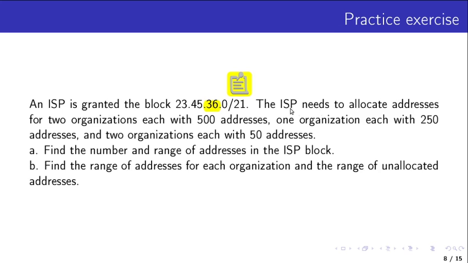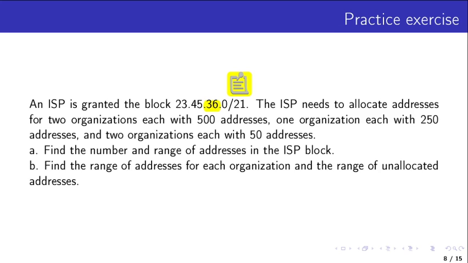It has to allocate 500 addresses to each of 2 people. Then one other requires 250 addresses, and 2 smaller ones require 50 addresses each. So how many addresses will you allocate for 500, in powers of 2? 512, right?